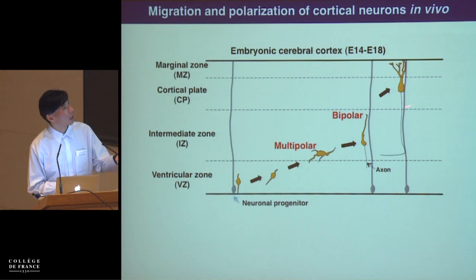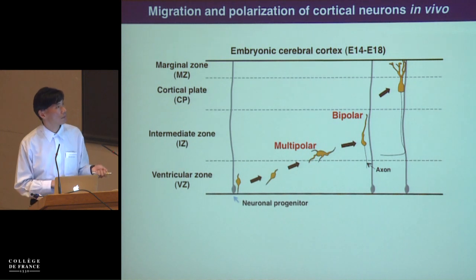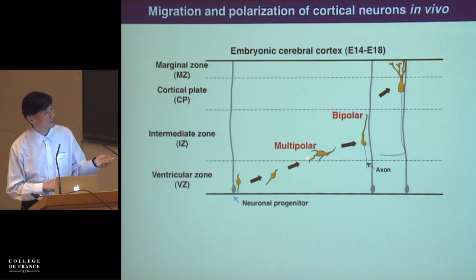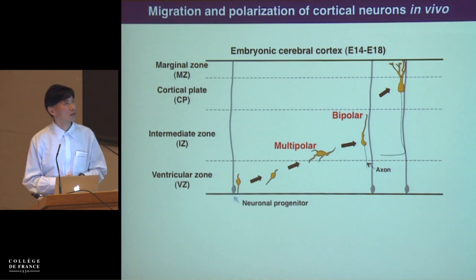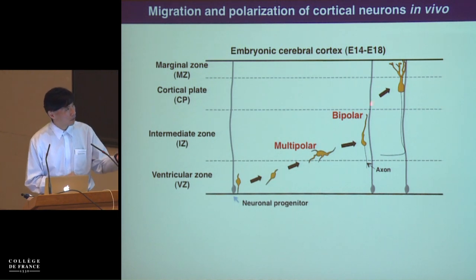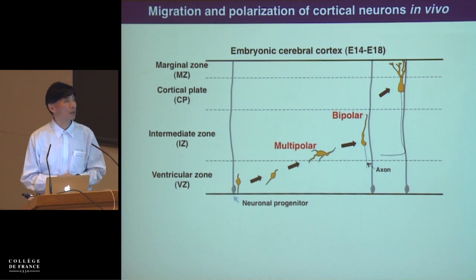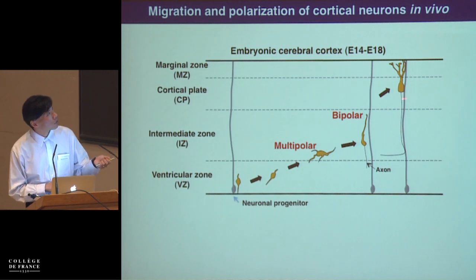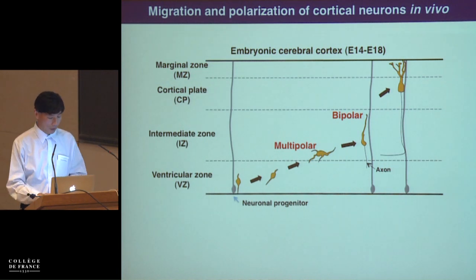As they move to the upper intermediate zone, their morphology changes from multipolar to bipolar, extending a leading process and a trailing axon. The bipolar cells move to the cortical plate.